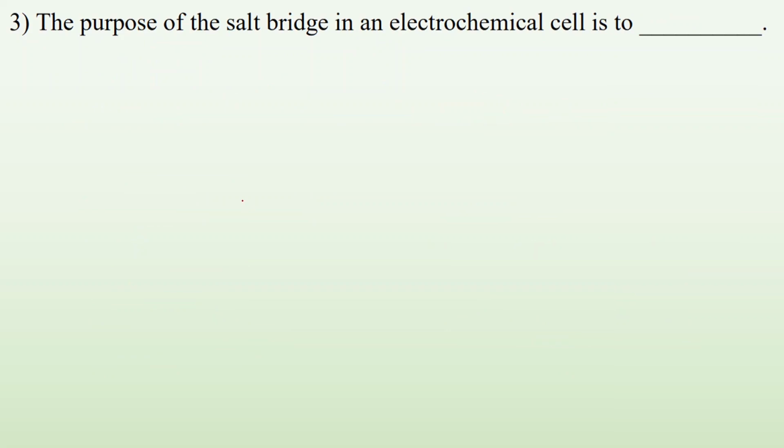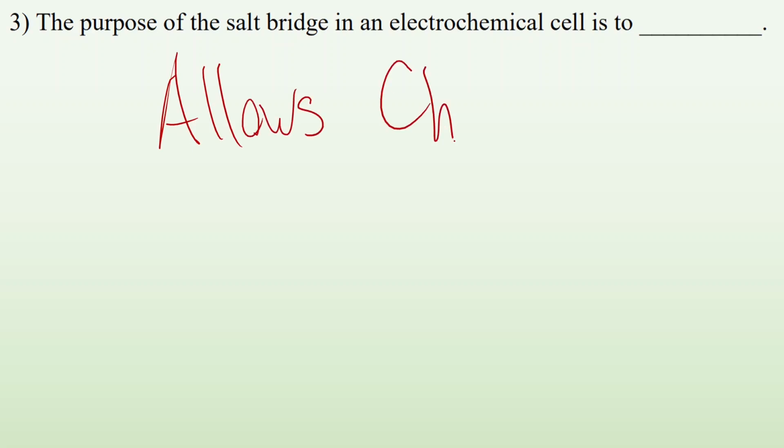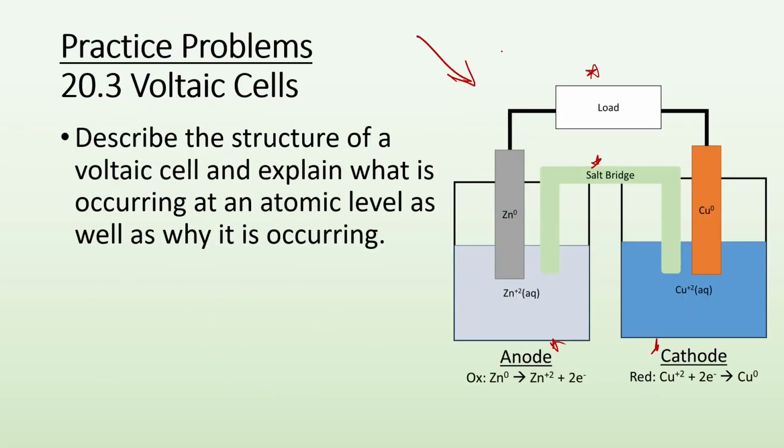The purpose of a salt bridge in an electrochemical cell is to do what? It allows charge to flow. So I'm going to go back to that first slide where I have a picture. What's happening? Well, the anode is losing electrons. So the electrons are flowing from anode to cathode, which means we're going to have a buildup of negative charge here.